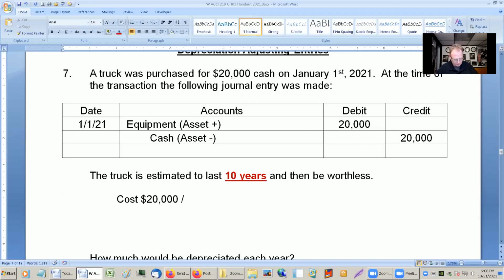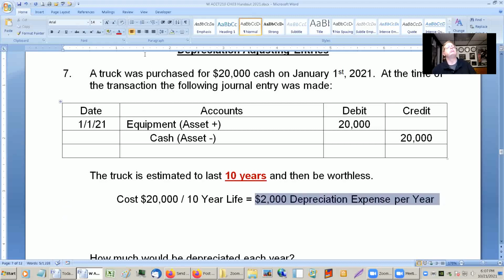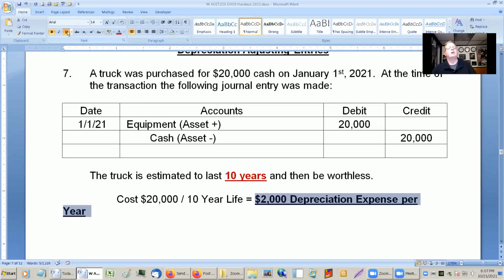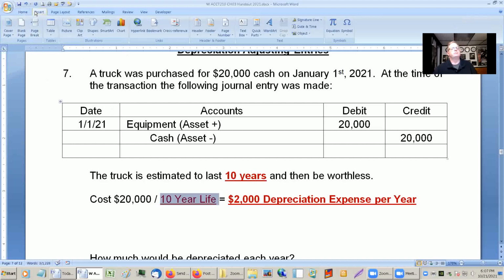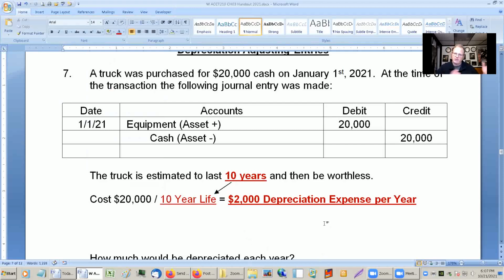Cost is 20,000 divided by 10. So every year we're going to depreciate $2,000 because it's going to benefit the company over 10 years.